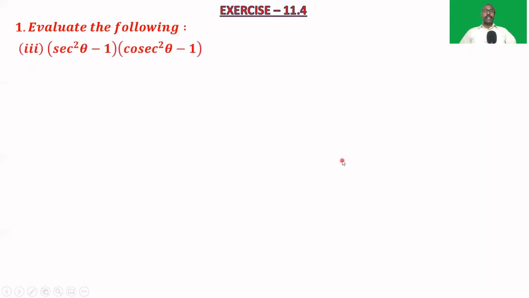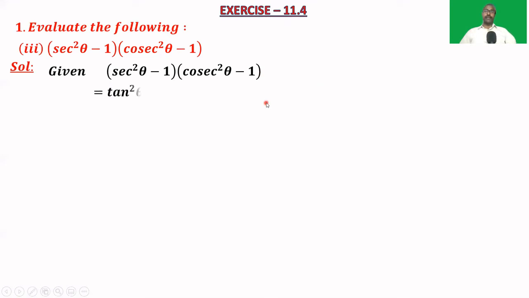And the third one is sec square theta minus 1 into cosec square theta minus 1. Students, we must remember trigonometric identities while solving these problems. So sec square theta minus 1 into cosec square theta minus 1, that is given. And we know that sec square theta minus 1 is equal to tan square theta, and cosec square theta minus 1 is equal to cot square theta. So this one is tan square theta into this one is cot square theta.